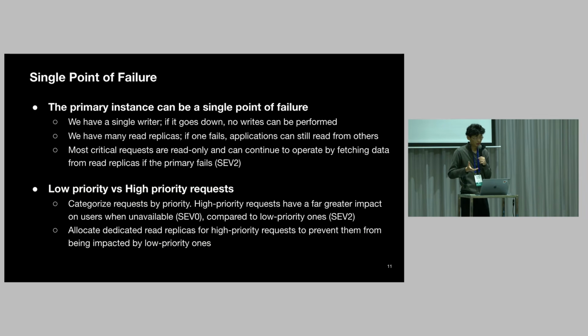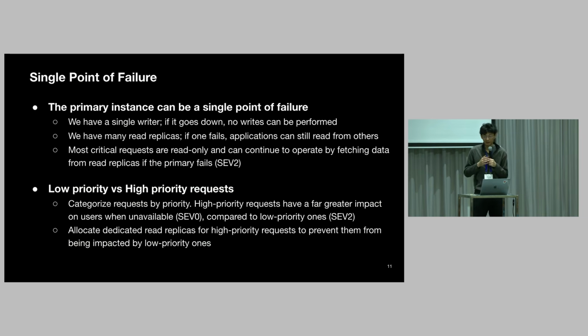We also categorize low priority and high priority requests. We categorize the requests based on their priority and importance. A high priority request has a bigger impact on users when unavailable, so it can be a step 0, compared to low priority ones, which can just be a step 2.